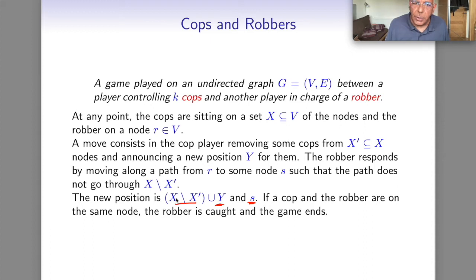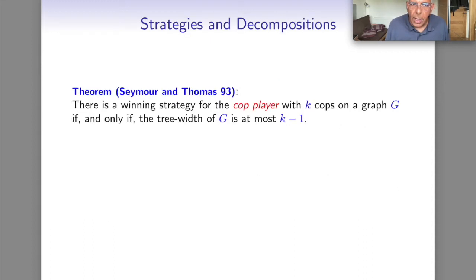Otherwise, the game can continue. So this is the connection with TreeWidth. In a graph G, you look at the smallest number of cops you need to guarantee a winning strategy for the cop player.